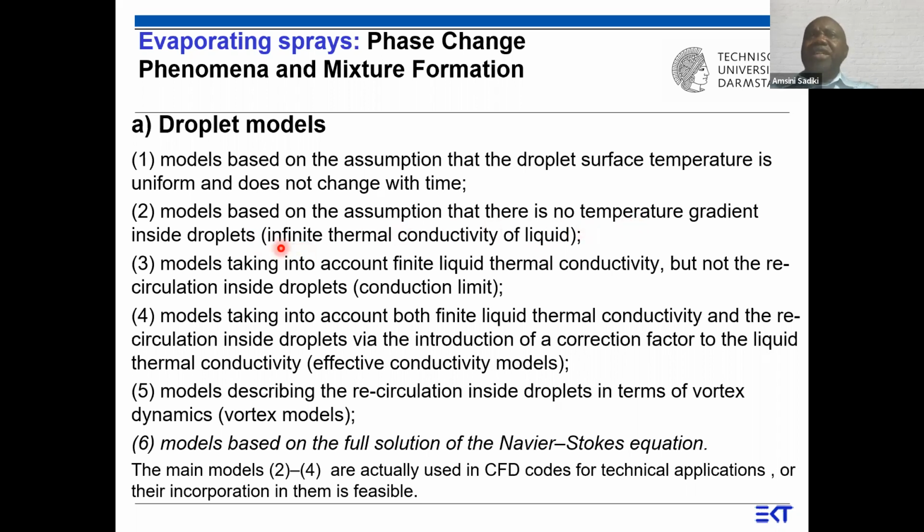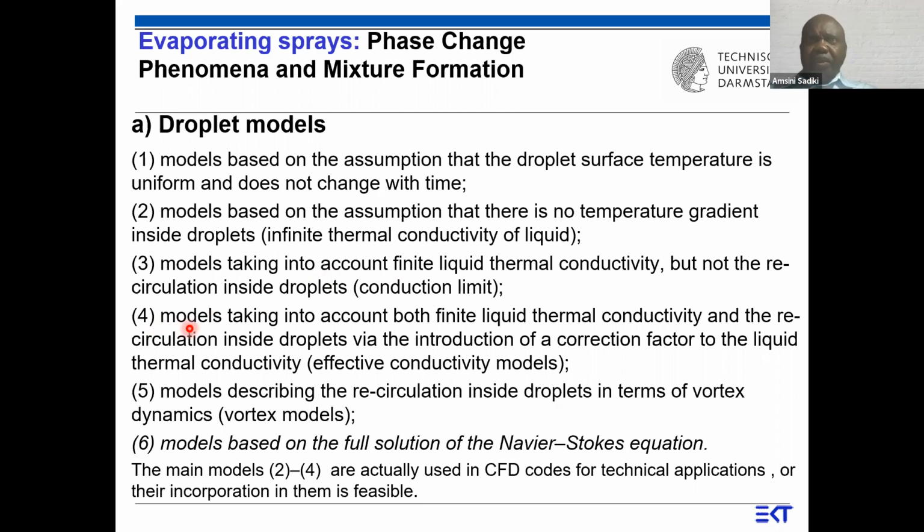This is also not really realistic, sometimes people use this, but it is very strong. So the model which accounts for the finite thermal conductivity, not the recirculation inside droplets, because if the droplet is heated, the effect of temperature can produce recirculation within the droplets.